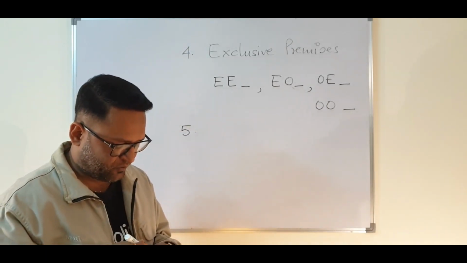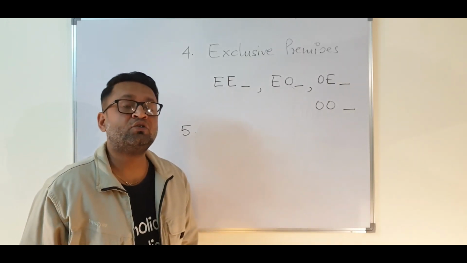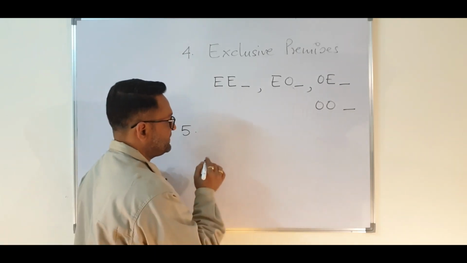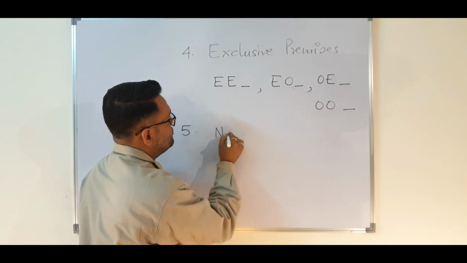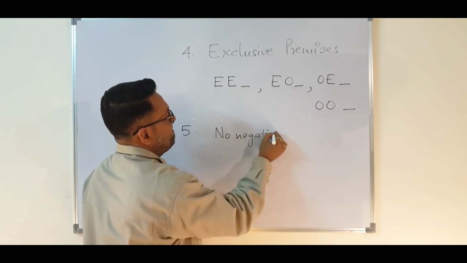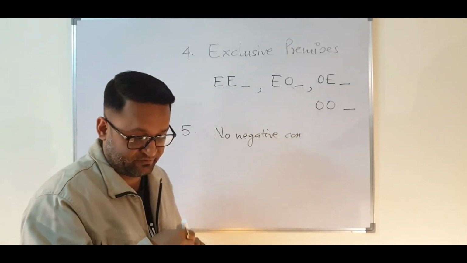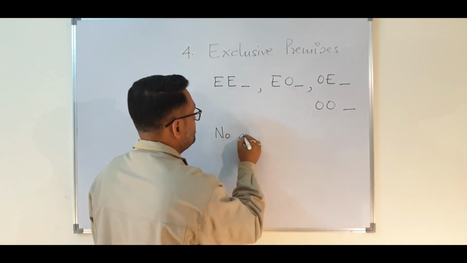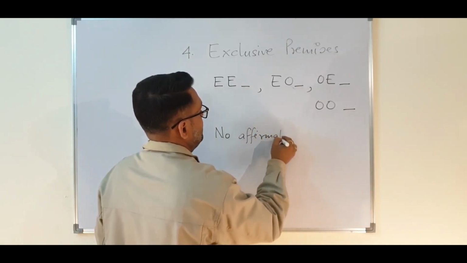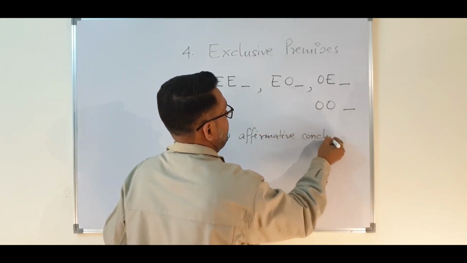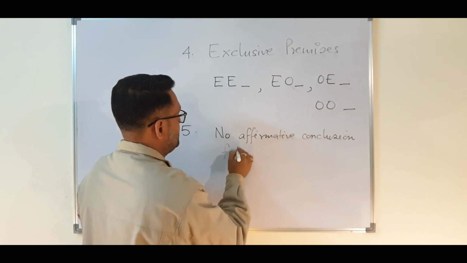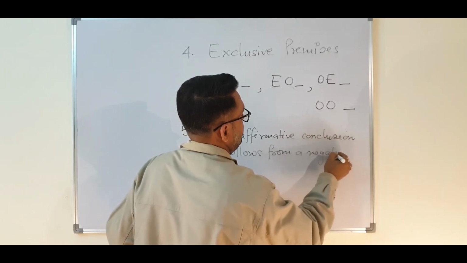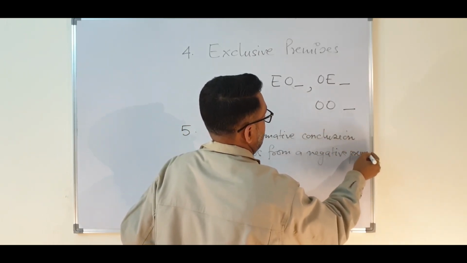The fifth one also says a very simple thing, that no affirmative conclusion follows from a negative premise. Now, what does it mean?